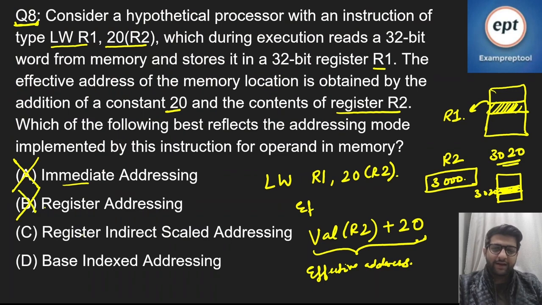The third one is register indirect scaled addressing, so this is also wrong. Why?